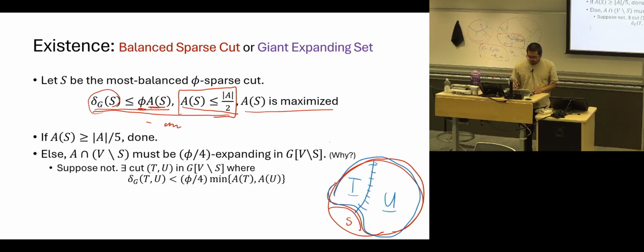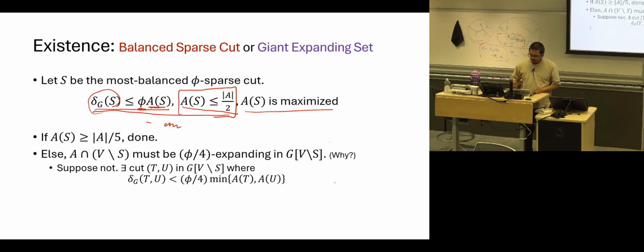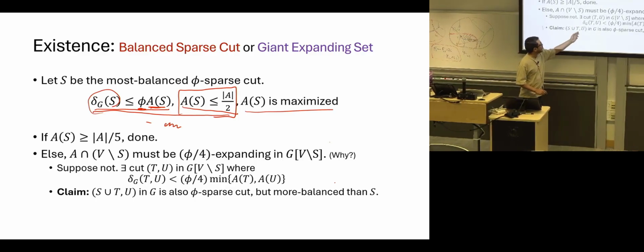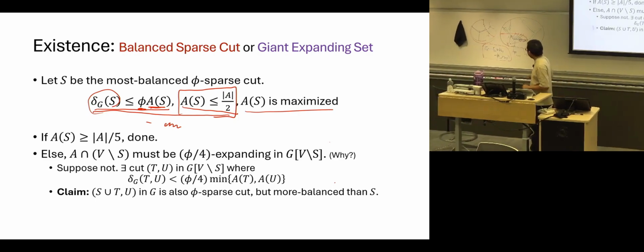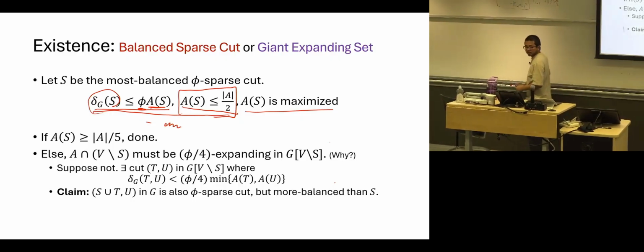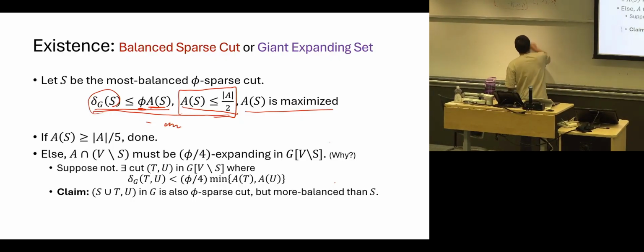When I look at this one, I claim that S union T, okay, this is S, and let's say this is T. This is phi sparse in G, and this is 5/4 sparse in G complement.